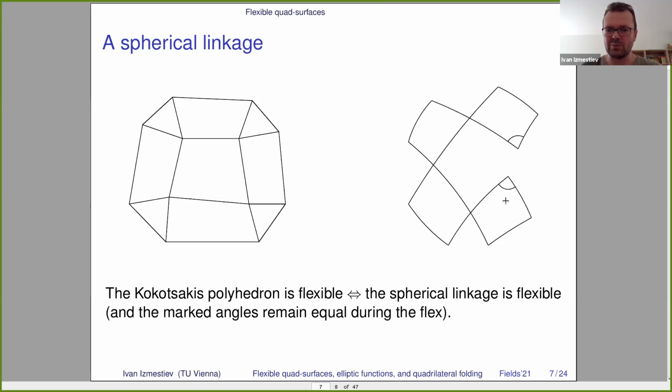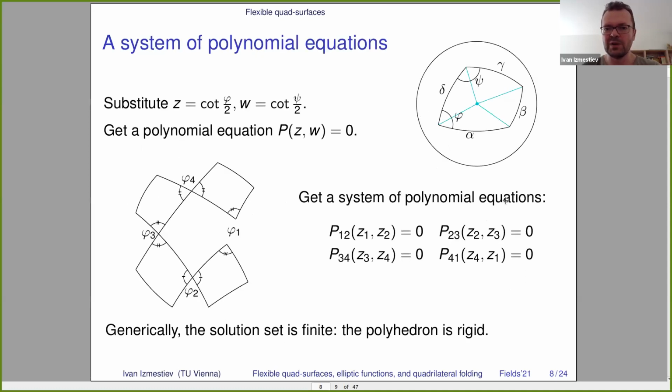Let us write some equations, some formulas. Let us take again an individual spherical quadrilateral with side lengths alpha, beta, gamma, delta, and denote by phi and psi 2 of the angles of that quadrilateral, so 2 adjacent angles.